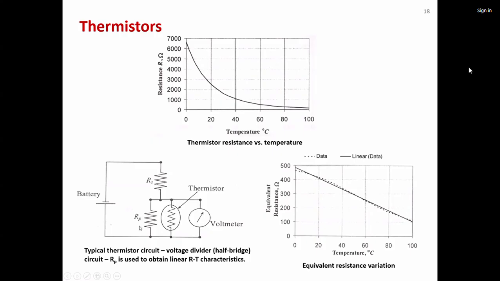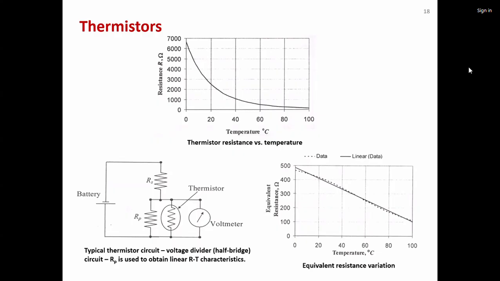Okay, so you can pick an RP, a resistor which has temperature characteristics just to compensate for the non-linearity of this thermistor, so that you can have a linear characteristic. So it is possible to do that using a circuit, something that is shown here.